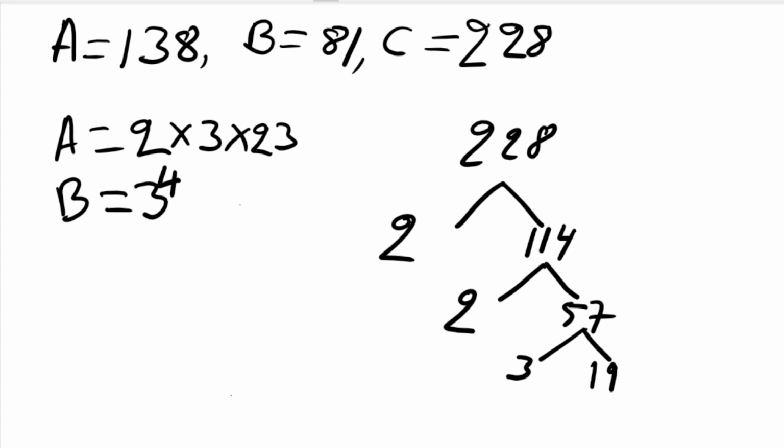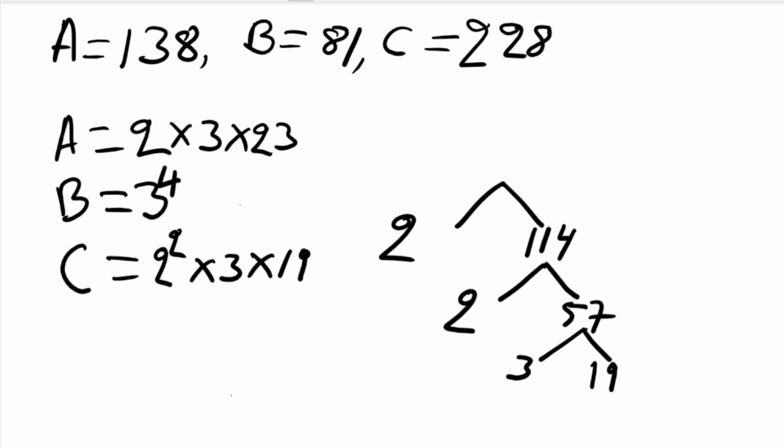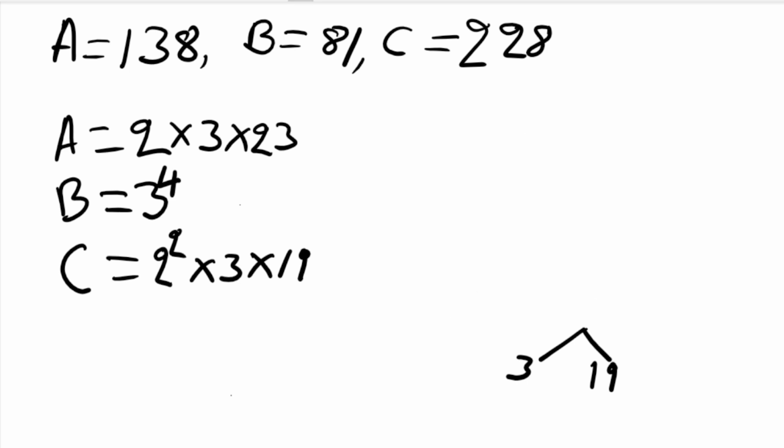And 19 is a prime number. Okay, so C is 2 squared times 3 times 19. That's the product of prime factors of A, B, and C.